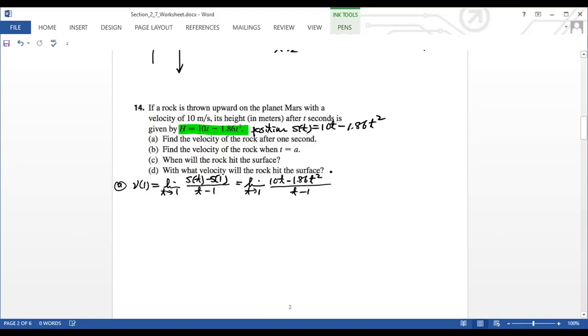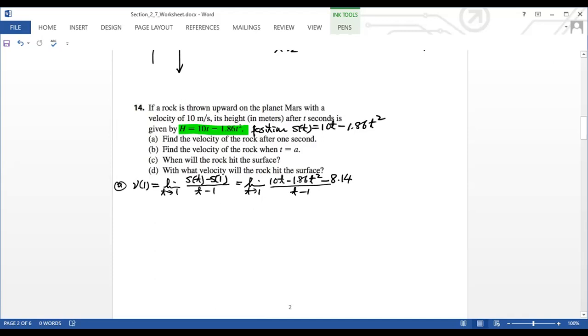s(1) will just be 10 minus 1.86, which gives you 8.14.